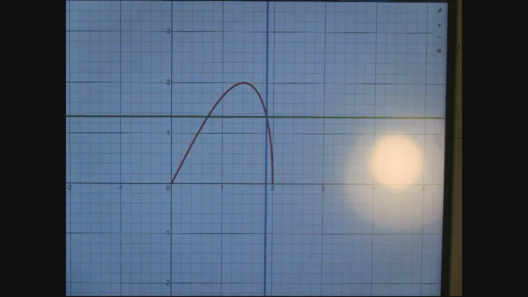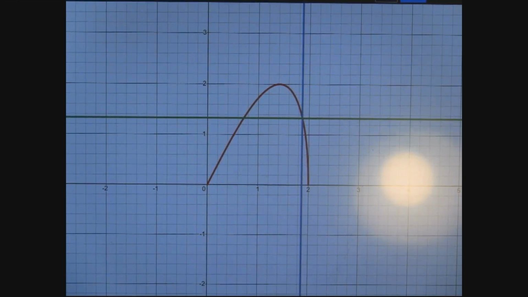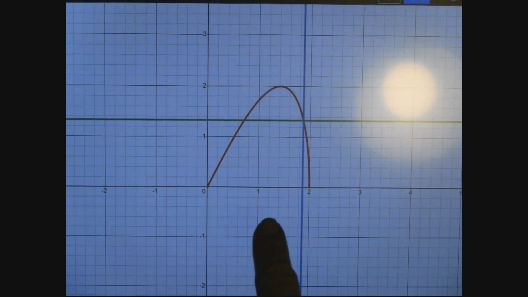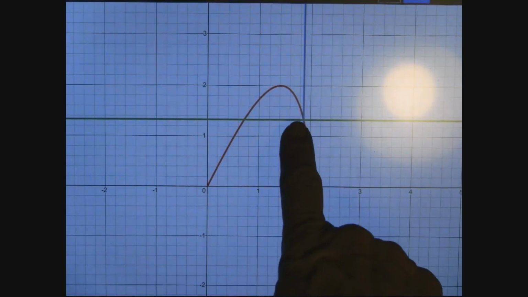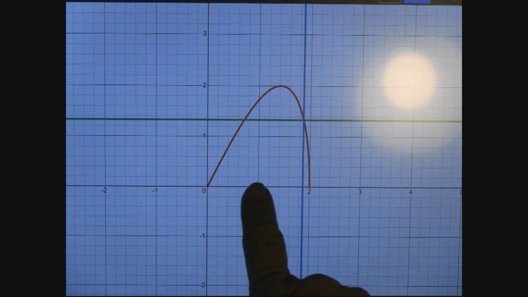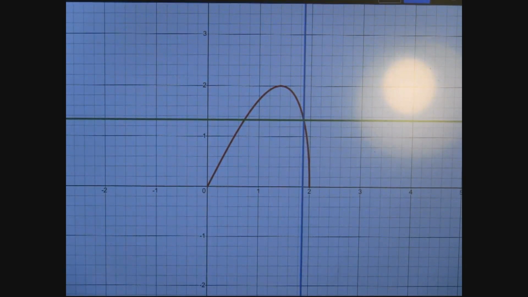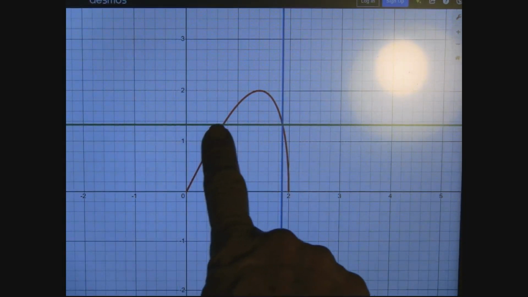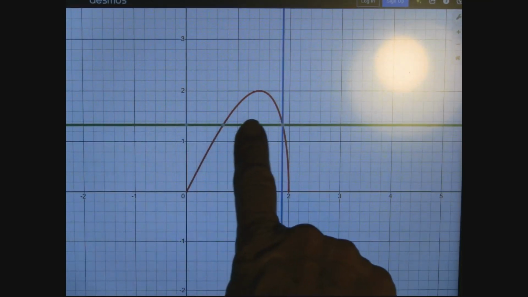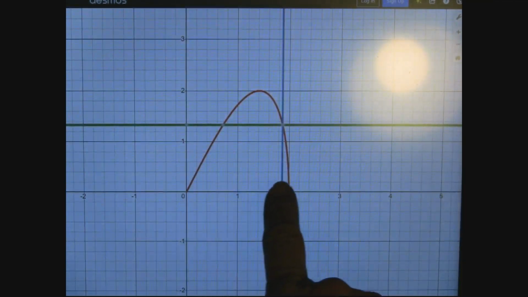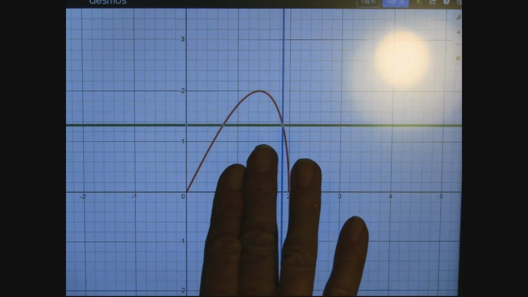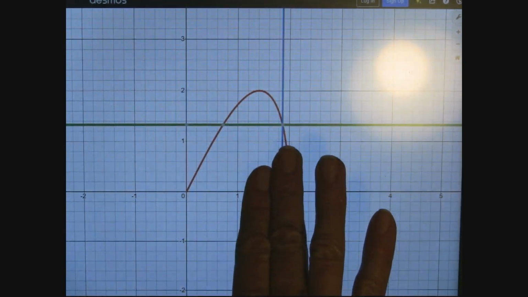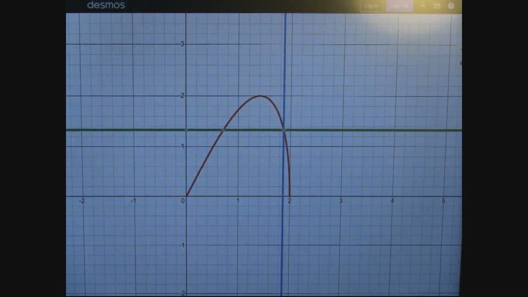I know I'm a boomer because that's the only way that I can put this on the screen. And this rectangle that I have here, going from that height there, from 0 to 2, has the same area as the area underneath that curve. That's what they're telling me.